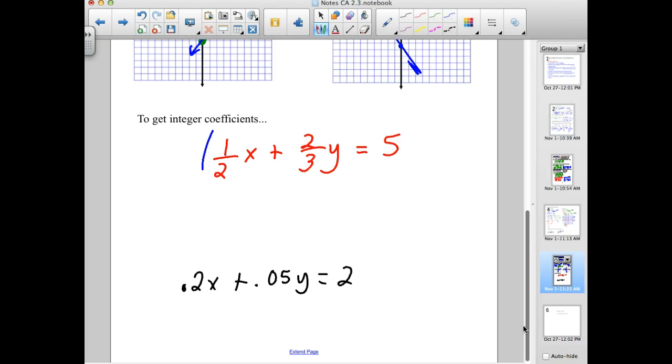If I multiply everything by 6, I know that all those denominators are going to cancel out. Okay? What's 6 times 1/2? So this becomes 3x. 2/3 times 6: 6 times 2 is 12 divided by 3. Okay? Another way of thinking about that, 3 goes into 6 twice. 2 times 2 is 4. Don't forget to multiply the 6 to the other side as well to get 30. Okay? And now you have an equation that's much cleaner looking. No fractions in it. Okay?